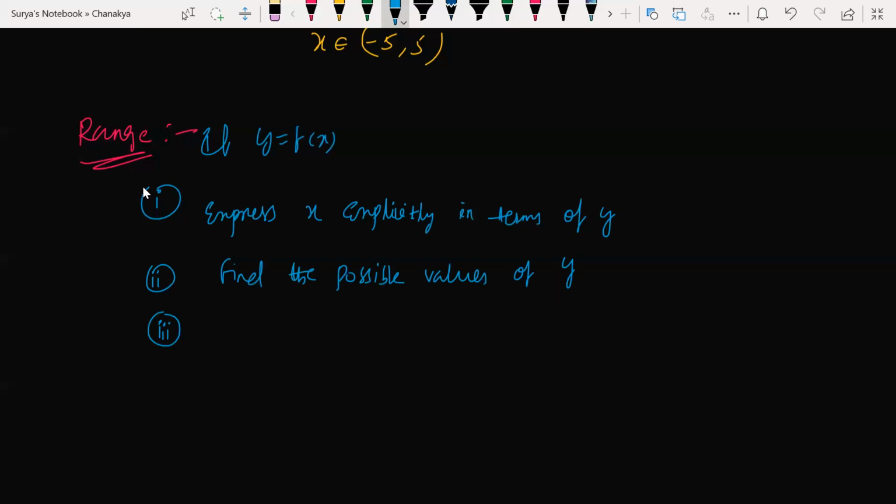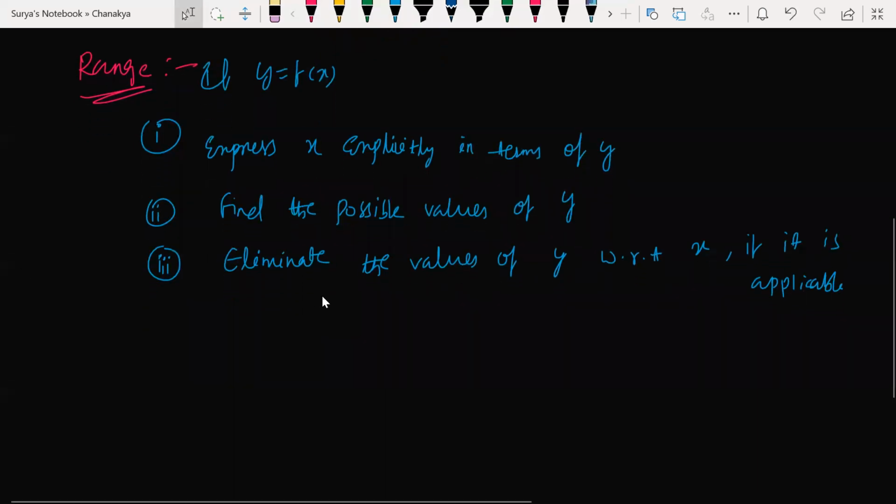Next, third, eliminate the values of y with respect to x if it is applicable. If it is applicable, you have to eliminate the values of y with respect to x.